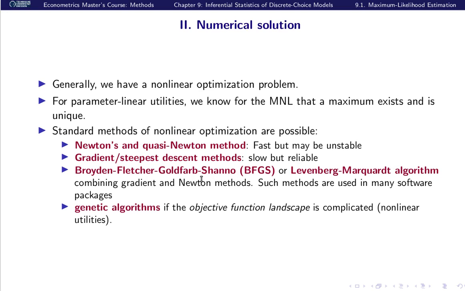Then there are some methods which combine the velocity of the Newton method and the stability of the steepest descent methods. And if you have a very complicated optimization landscape, then you can also use genetic algorithms. For each of these methods, there are toolboxes which you can use more or less out of the box.